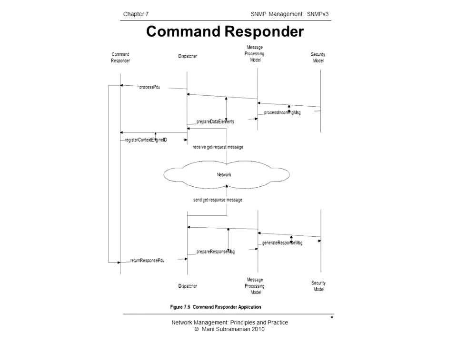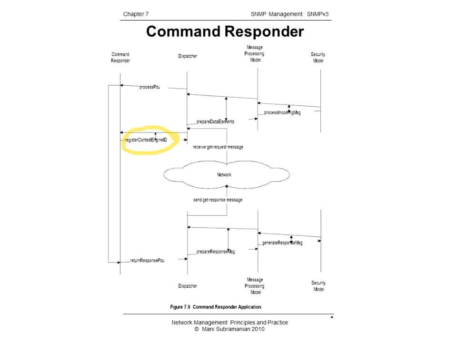Now before the get request could be processed by the command responder application, the context that the SNMP engine is responsible for must register with the SNMP engine. It does this by using register context engine ID.